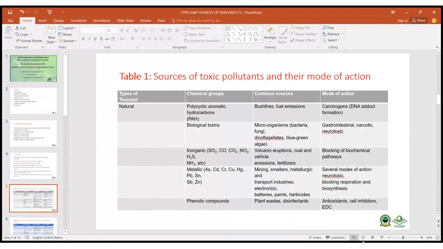Hello? Can you see the slide now? Yes, sir. Okay. So you haven't been seeing the slide all this while. Yes, sir. Ah. So that means I have to go back now.